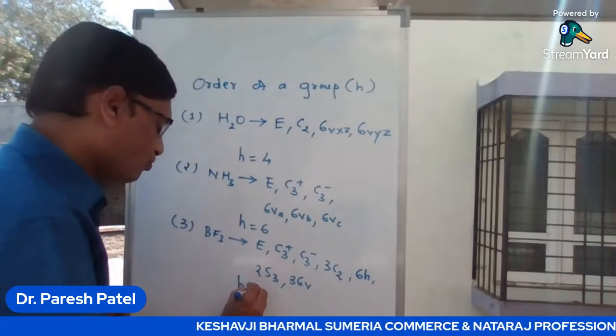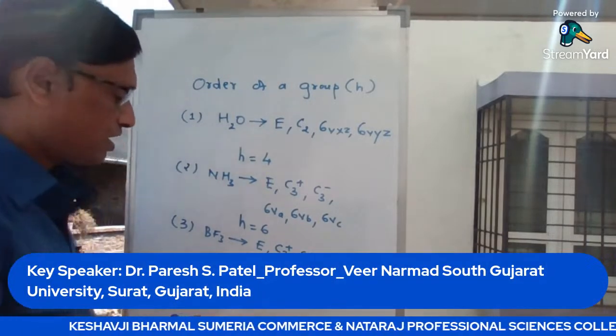So the order of a group for the BF3 molecule is equal to 12.